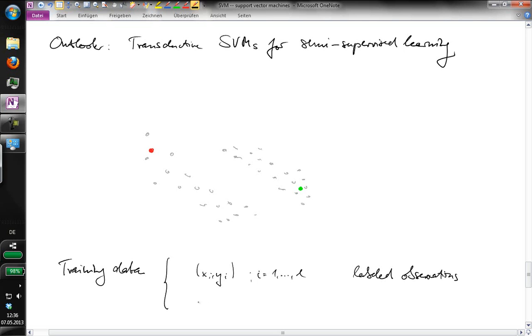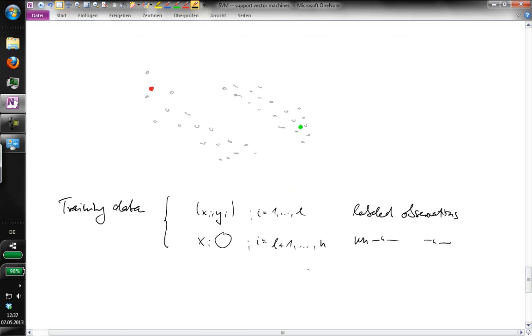And then I have further observations xi with no label, unfortunately, where i runs from L plus 1 up to N. These are the unlabeled observations. And N, the total number of objects, is L plus U. So N is the total number of objects, L is the number of labeled objects, U is the number of unlabeled objects.